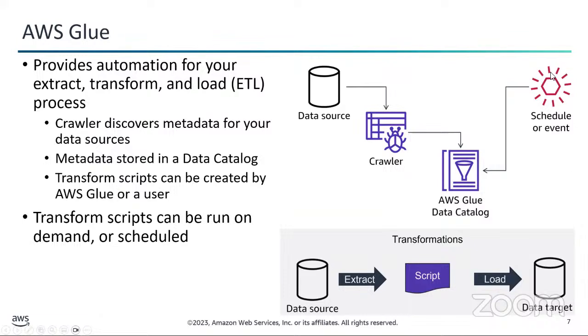You can schedule the crawler at a fixed time, every day, week, or month, whatever your frequency is, so it automatically gets the latest data. Or you can run the transformation script on demand or on a schedule.